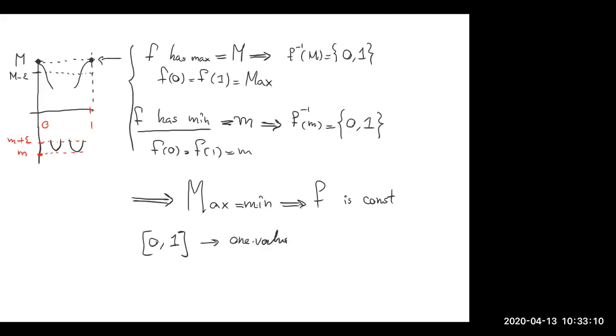And this is a contradiction. We were assuming it can't be constant. We were assuming that any point in the image has exactly 2 pre-images. So that's a contradiction. Therefore, f can't be continuous. And that's it.